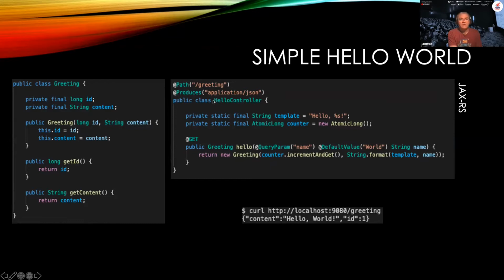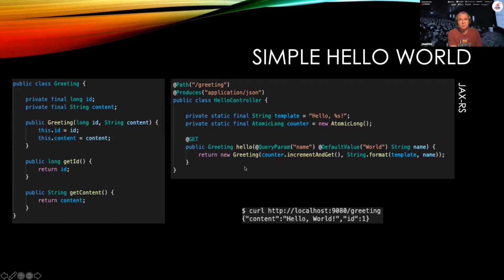So we have a class over here called hello controller. In JAX-RS terms, we would call this a resource class, and it has a path annotation to tell you where you would access this resource in the HTTP URI. And we've got a produces annotation to indicate what type of media, what our content type is that we're going to return.